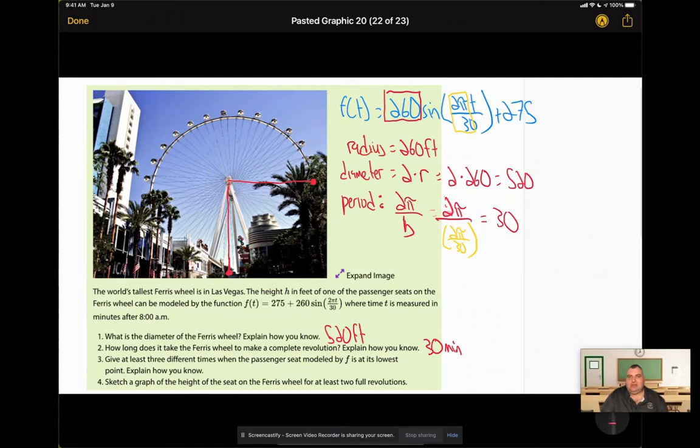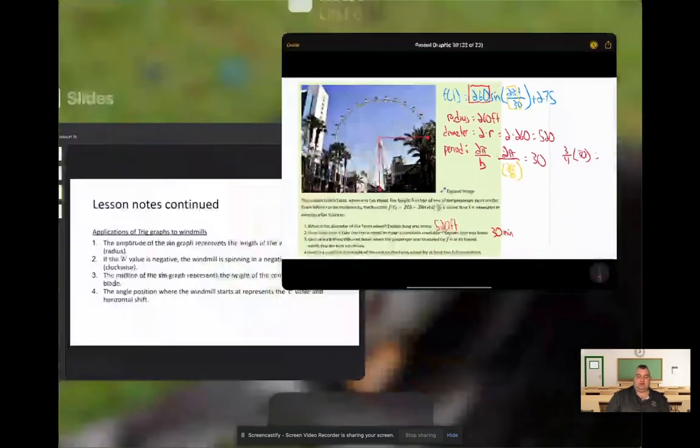So assuming the Ferris wheel moves at a constant speed, if it takes 30 minutes to move around the entire circle, then how long is it going to take to move around, in this case, 3/4 of the circle? So to do that, I need to take 3/4 or 0.75 and multiply that by 30. So what is 3/4 of 30?